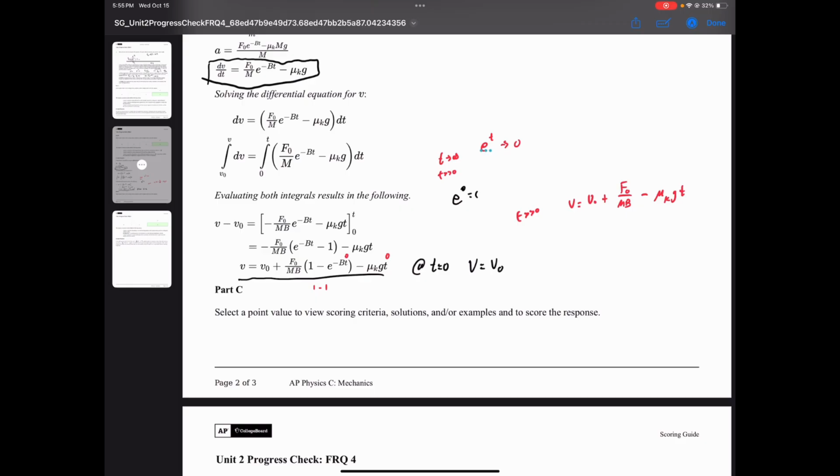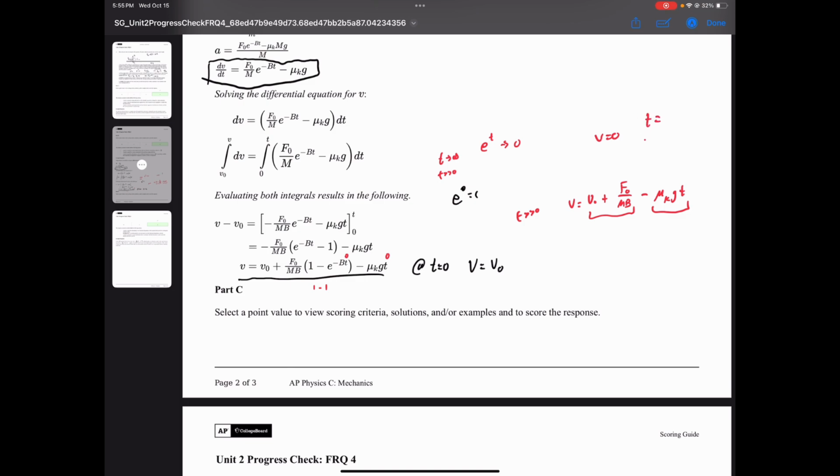So if we look back at our reasoning, we know that eventually this thing's going to come to a stop. And it's going to come to a stop when this term dominates this term. All right, so this term I have is positive, this term I have is negative, and basically when it gets to a point where the velocity equals 0, right, so when v equals 0, how long is that going to take?